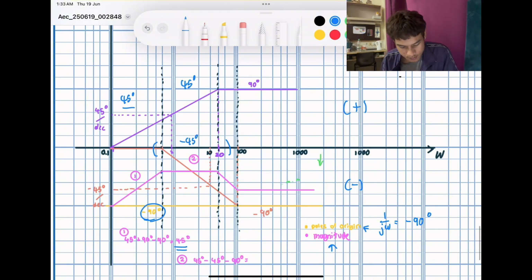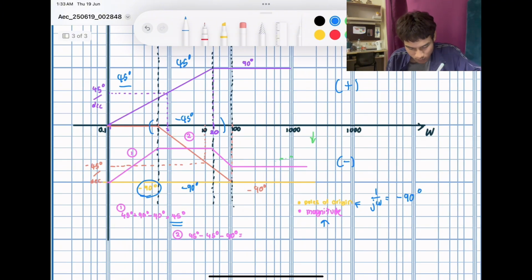The line for the simple pole will start from here and it will reach until 10. And from 10, it will go into negative 20 for a decade. For a decade means from 10 times by 10, we will get 100.